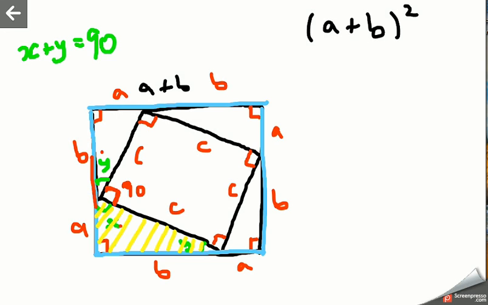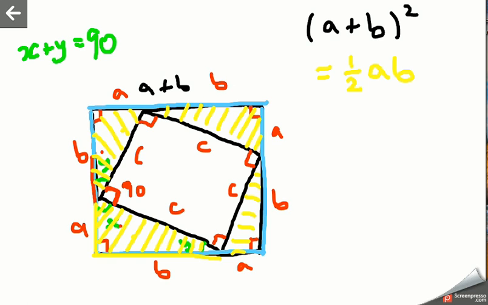The area of this triangle has a height of A and a base of B, and so the area of the triangle must be half times A times B. We've actually got 4 of these triangles: 1, 2, 3, 4. So the area of these 4 triangles, since they all have the same area, must be half times A times B times 4.